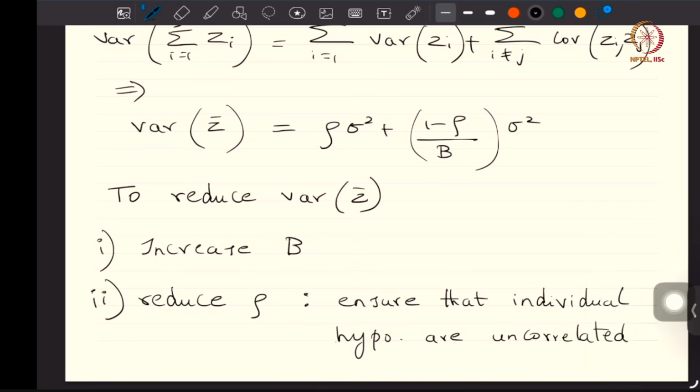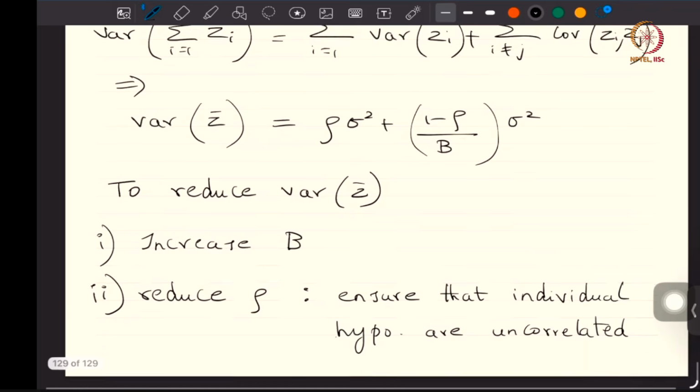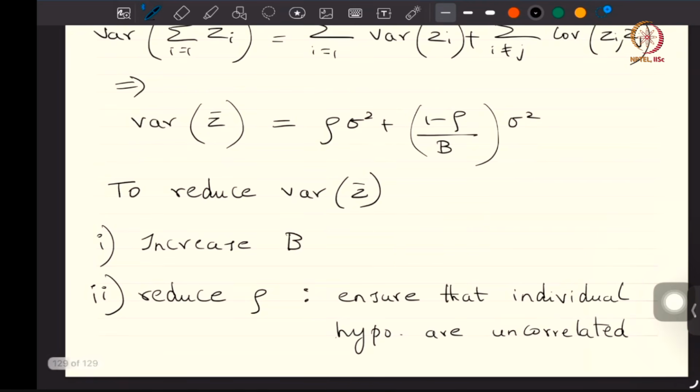Again, there are multiple ways to do it. So, one of the ways which is incorporated in this class of algorithm called random forest is as follows. Now, random forest is a bagged tree algorithm where individual hypotheses are decision trees. Remember what we studied in the last class, right?